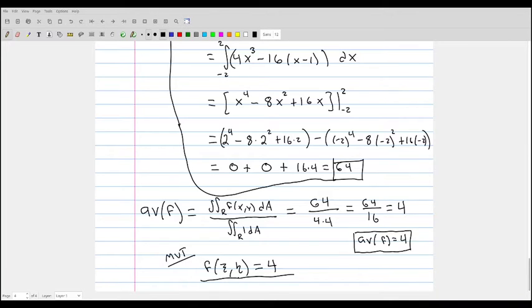There are actually infinitely many points. Any points on the level curve of the function corresponding to level 4 satisfy the mean value theorem, because the value of the function at that point is equal to the mean value or average value of the function.